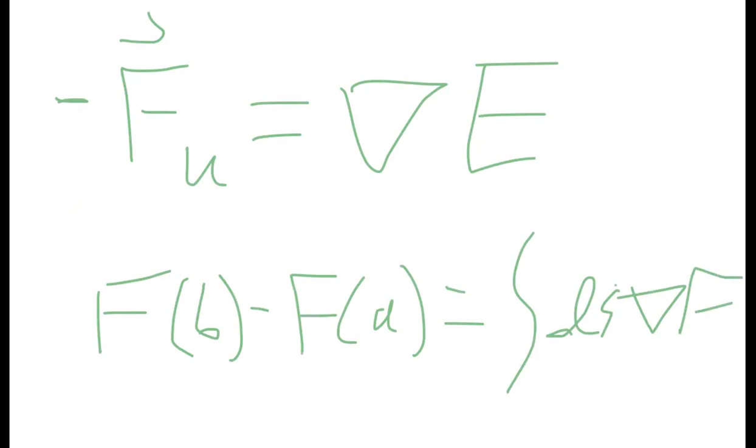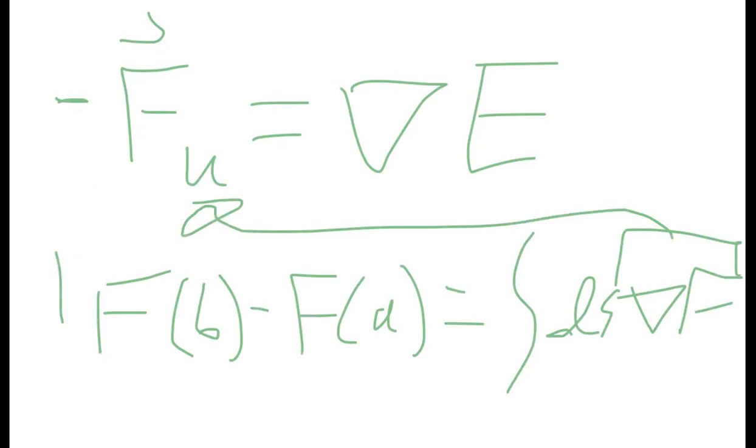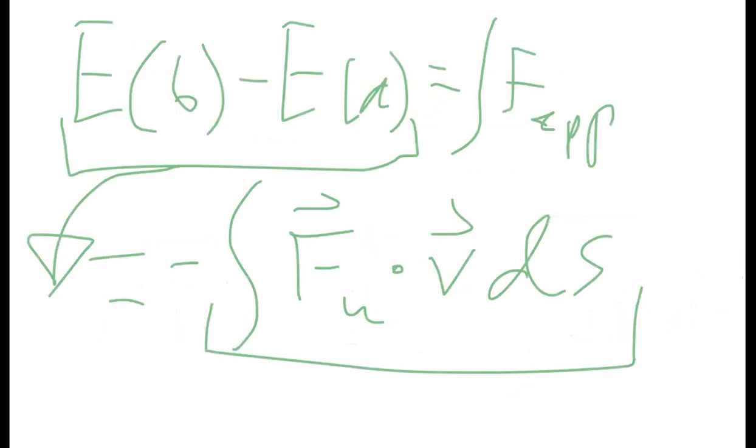It's just that grad F here is minus FU, and this is our energy term. It's a little bit confusing because in one case F is the force, in another case F is being used for a function. I fully admit that my notation was kind of terrible.